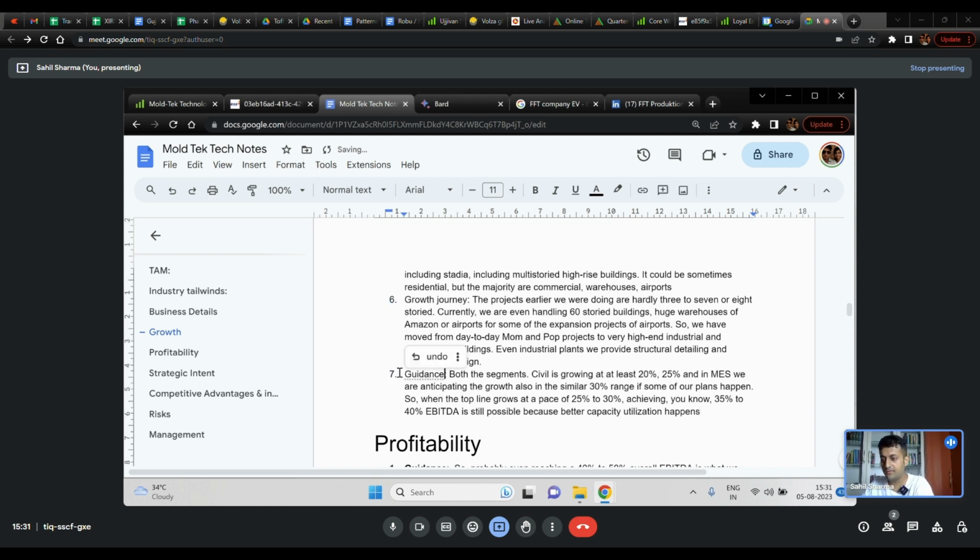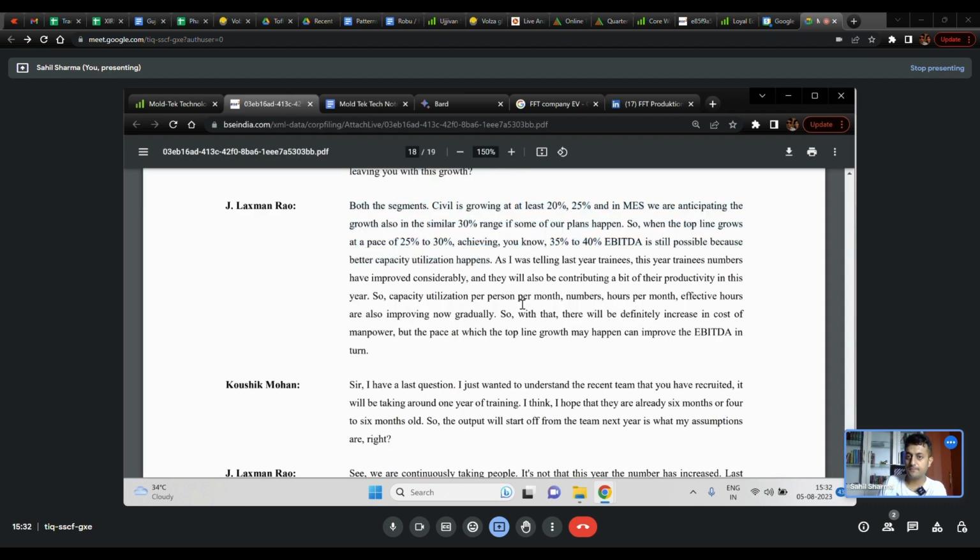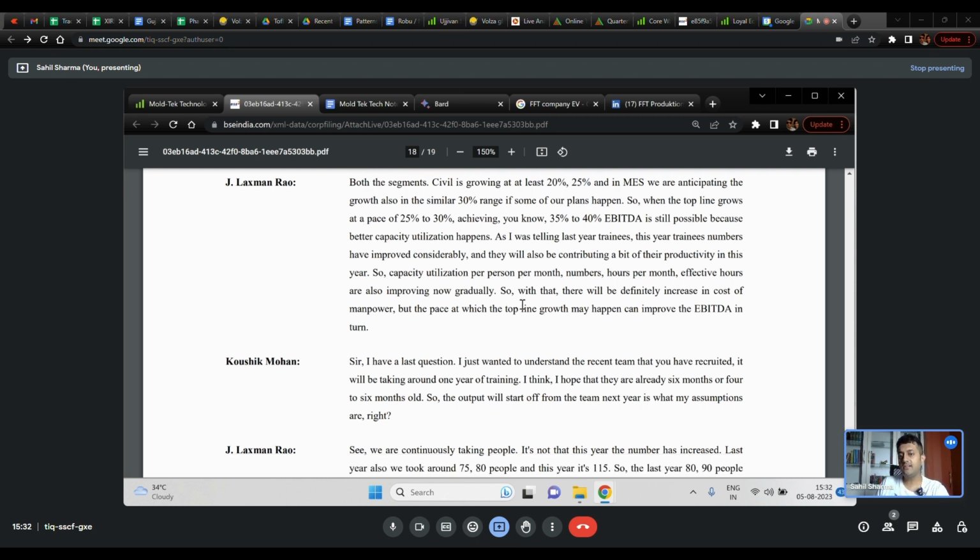He's saying that civil is growing at 20 to 25%, MES 30%, overall top line 25 to 30%, and then EBITDA can grow 35 to 40 because of better capacity utilization. Right, of course. Last year's trainees will probably become the employees who are productive this year, and this year's trainees next year, and so forth.